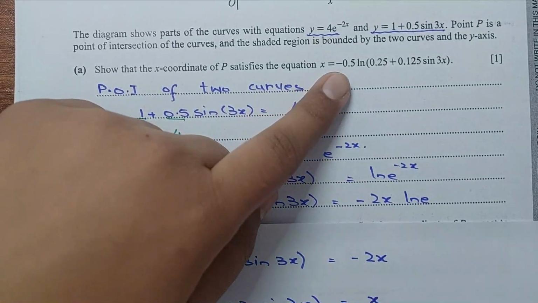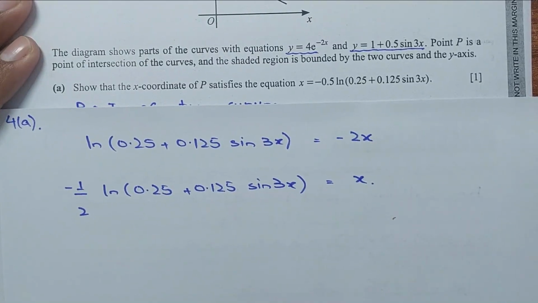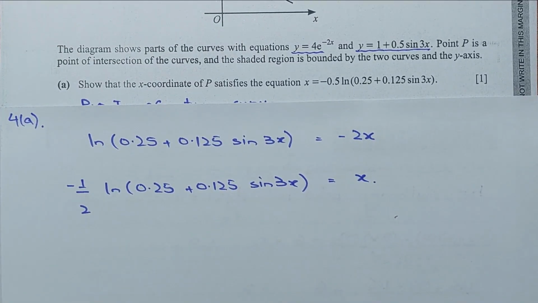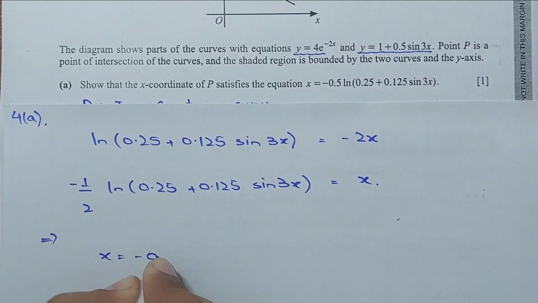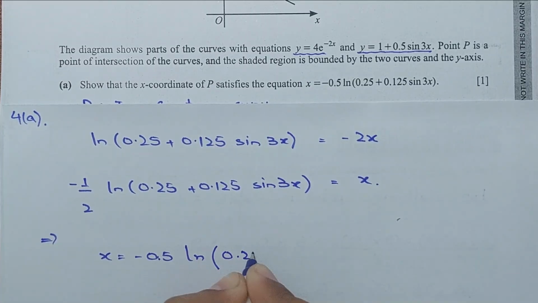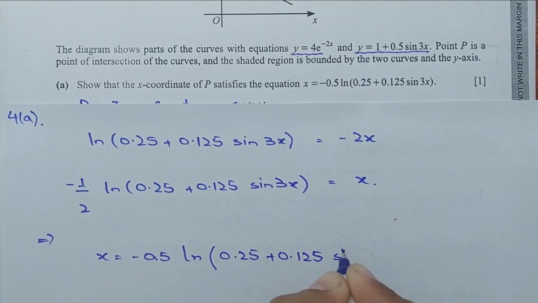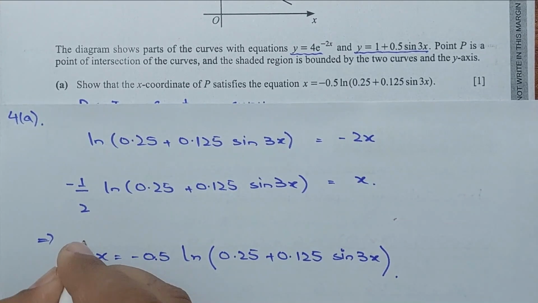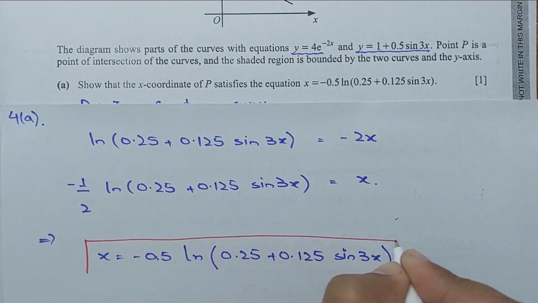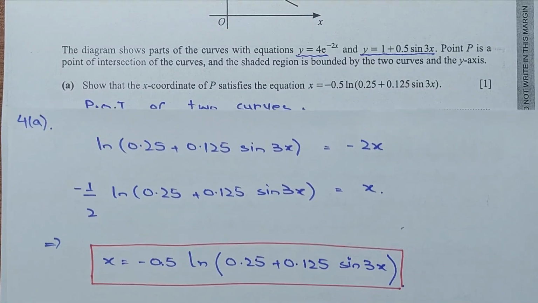Comparing with the given equation, you can see the 1 by 2 and the 0.25, so the x coordinate is negative 0.5 natural log of 0.25 plus 0.125 sine of 3x. This is your x coordinate, which proves the x coordinate of the point of intersection of the two curves.